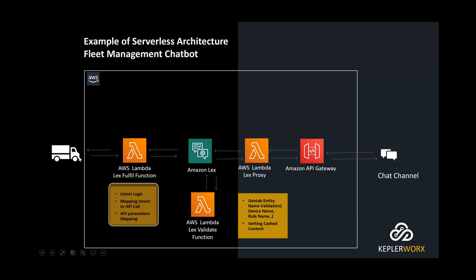The API will respond back with coordinates, for example, X and Y. Going back to Lex, Lex will understand and will rephrase it: your location is this X and Y, and it will go back to the chat channel. So this is one of the examples of our implementation with serverless architecture.